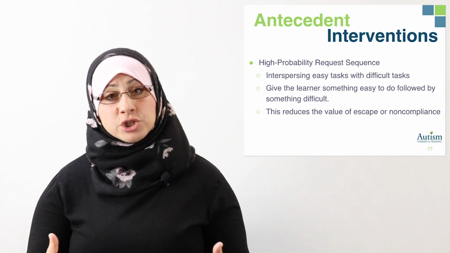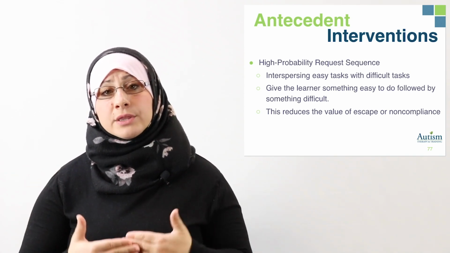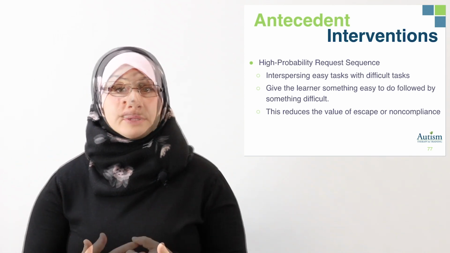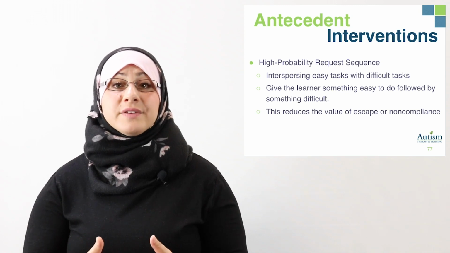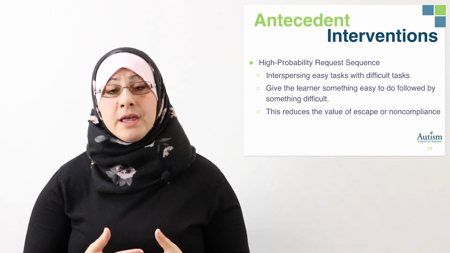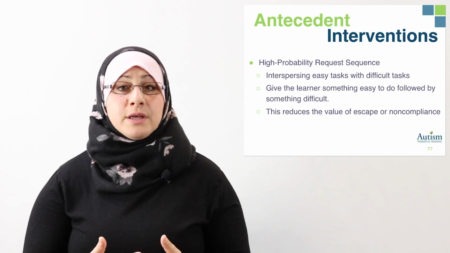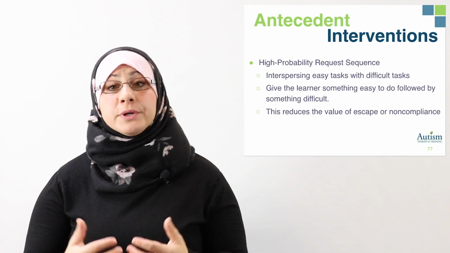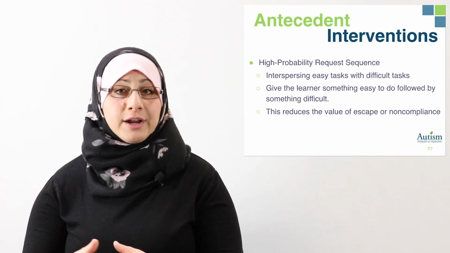There's a nice fast pace to it. And we're allowing the learner to engage in easy tasks so that we can build that momentum. This reduces the value of escape or non-compliance. This is a helpful method that builds behavioral momentum. The learner starts off with easy things they can do, and you build up slowly to the target.